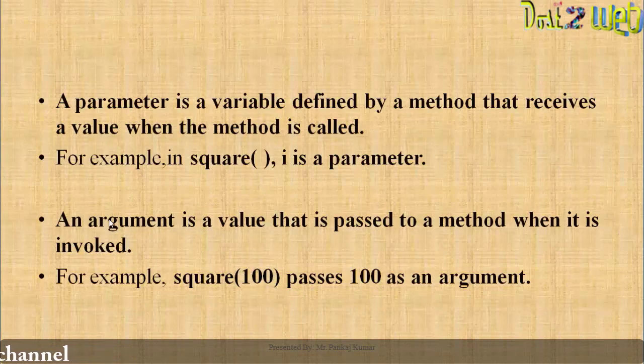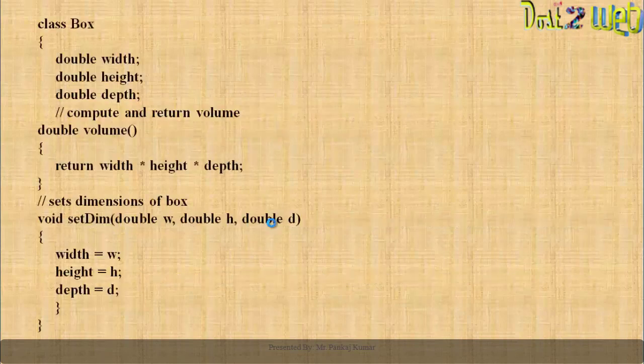An argument is the value that is passed to a method when it is invoked. So this is the difference between parameter and argument. The parameter is the variable you have assigned in the method, and if you are assigning the value, then it is called an argument.